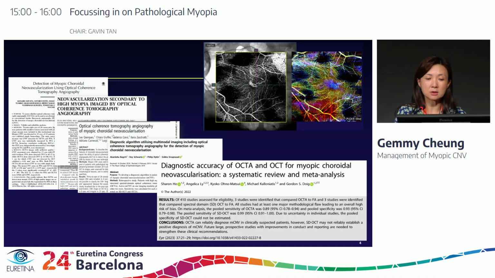You can see here the conclusion after looking at 400 studies was that OCTA can reliably diagnose myopic CNV in clinically suspected patients. What does clinically suspected mean? Symptomatology, fundus examination, and again, going back to the structural OCT when we see that hyperreflective mound. However, it says that SD-OCT itself may not be reliable to establish a positive diagnosis of myopic CNV. What does that mean? It means that it may not be specific.